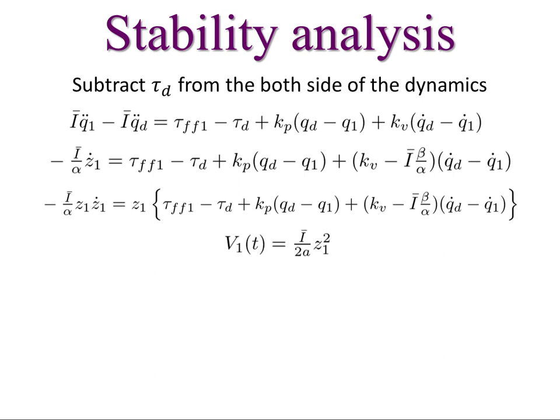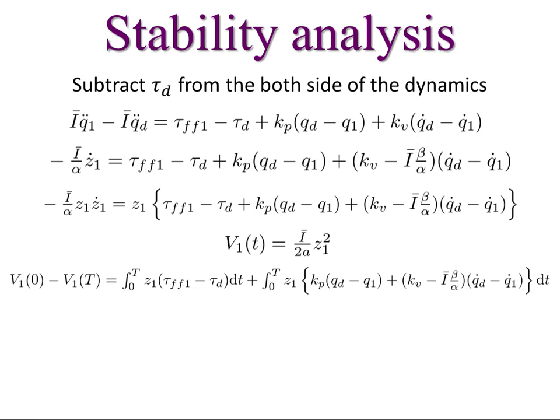If we integrate the left side, we get a term about the square of z1, so we'll call it v1 like this. If we use this to calculate the time integration, we get this equation.